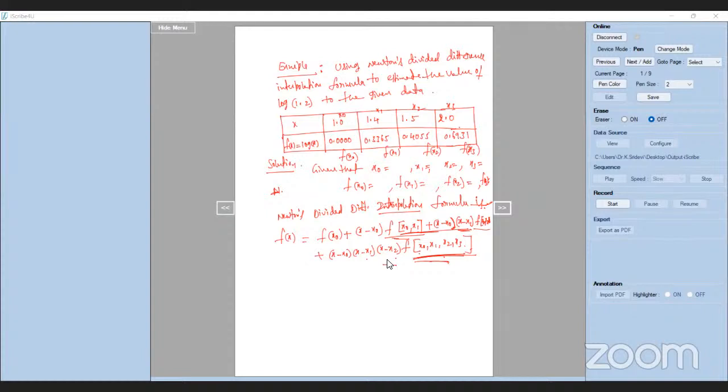Example 5 is related to backward, example 6 is related to backward. Y40 means related to backward. Forward, related to forward. You can use any formula for this. So problems like these are important.